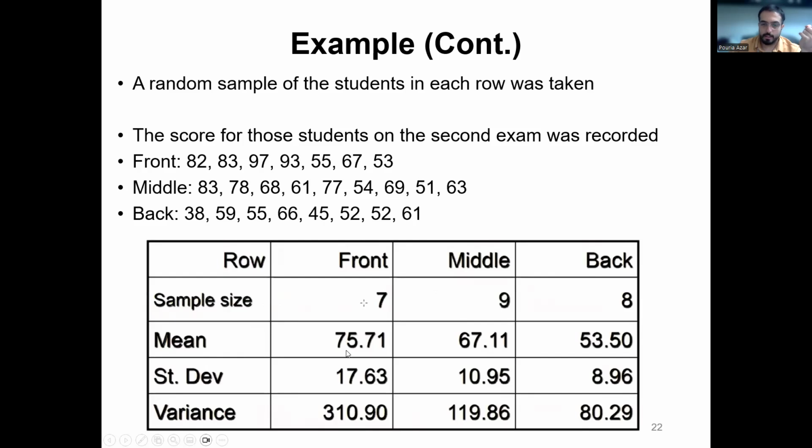So if we do mean plus minus standard deviation, the lower end of the mean will be similar to the back row. So this is why we have to run ANOVA, either by hand or using SPSS. And then we can find out whether the differences among means are statistically significant.